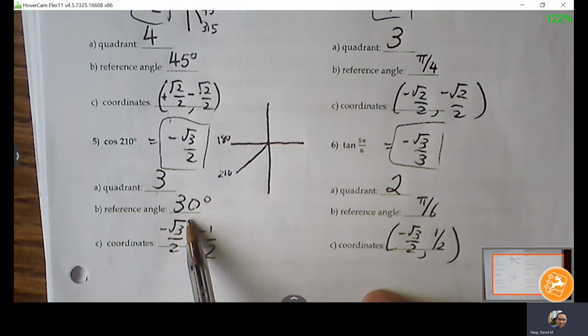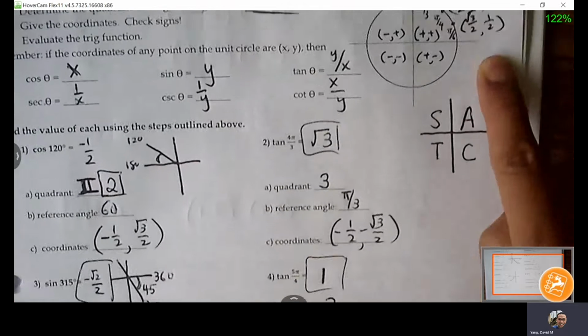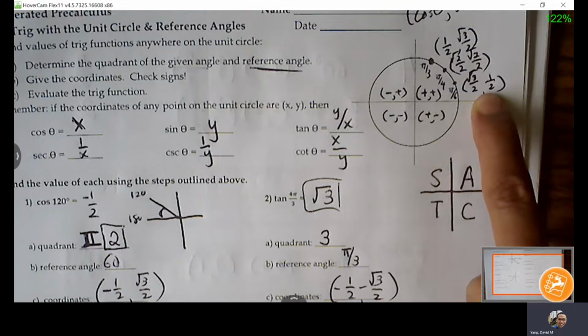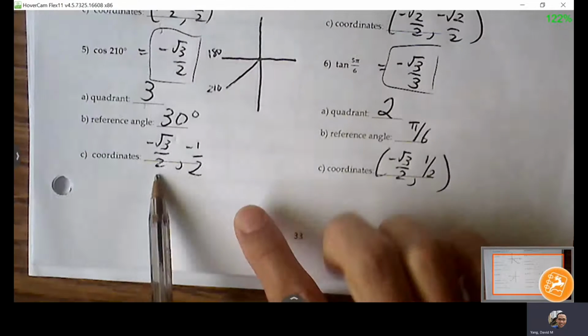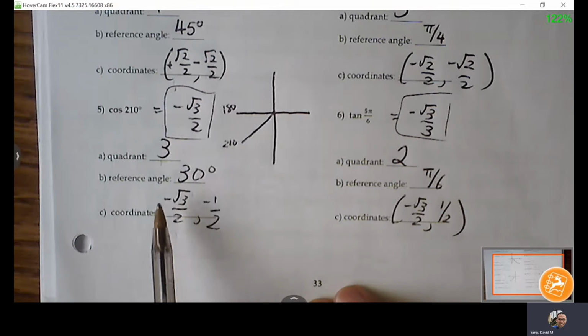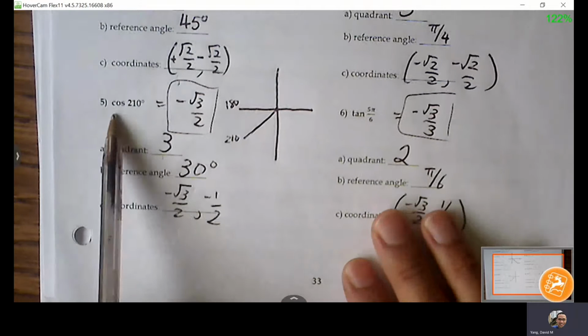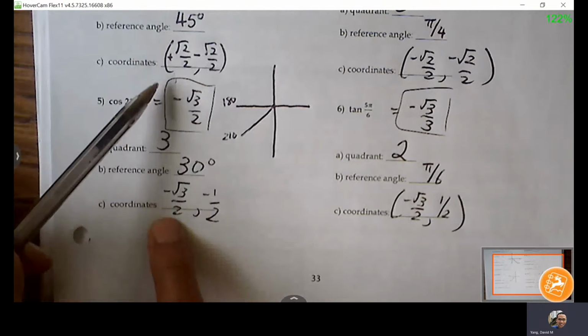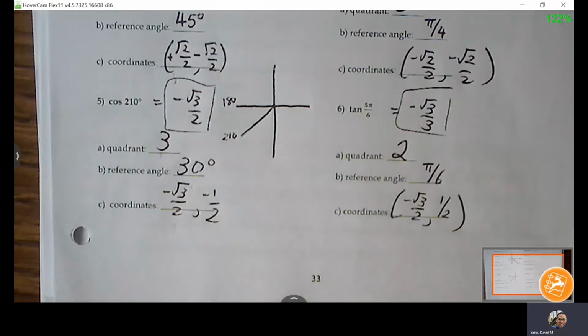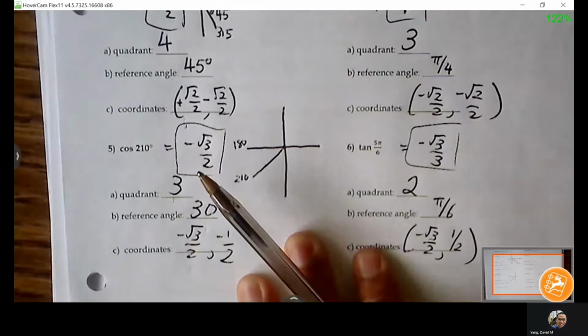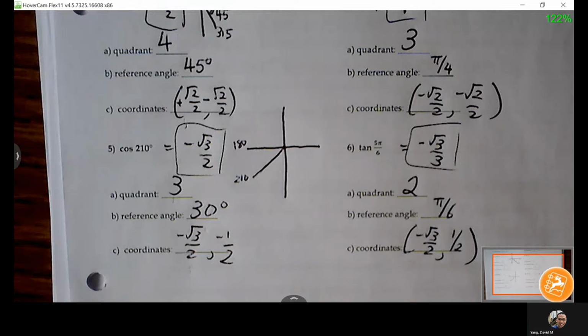Once you understand that you're dealing with 30 degrees, you know you're dealing with the order pair of root 3 over 2 and 1/2. In the third quadrant, both of your values are negative. And then cosine is just the x value. Make sense? Okay. Any questions? 4 through 6?